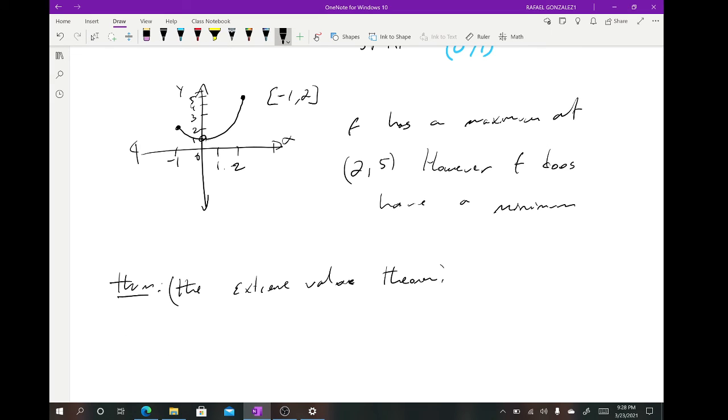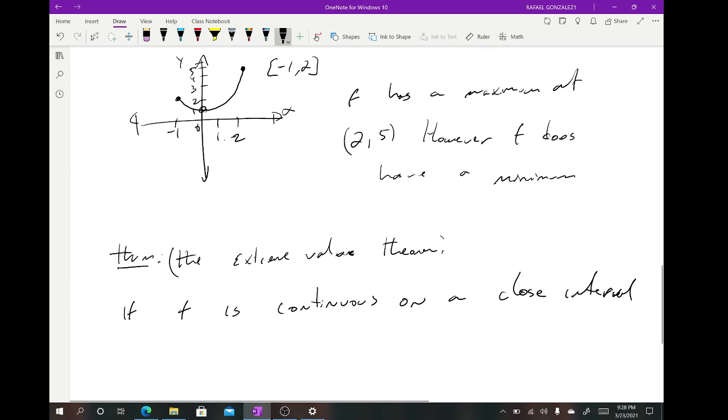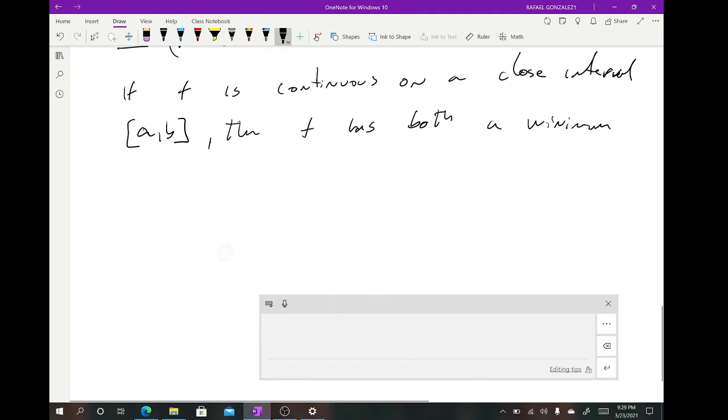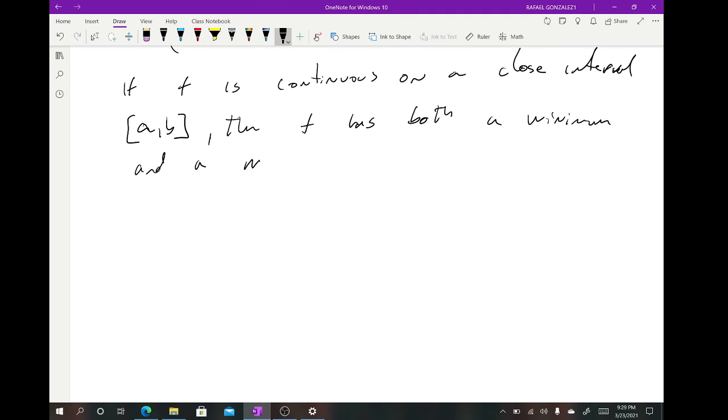If f is continuous on a closed interval [a, b], then f has both a minimum and a maximum on the interval.